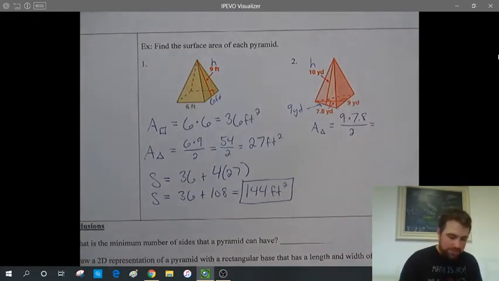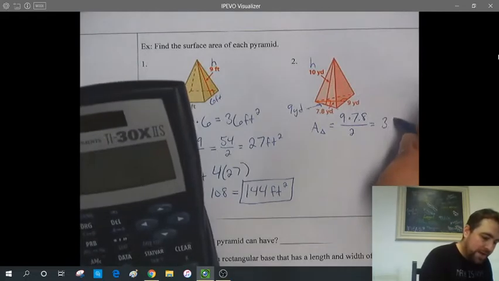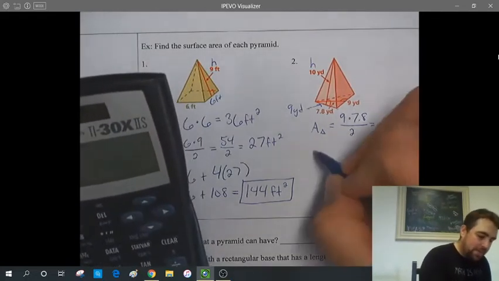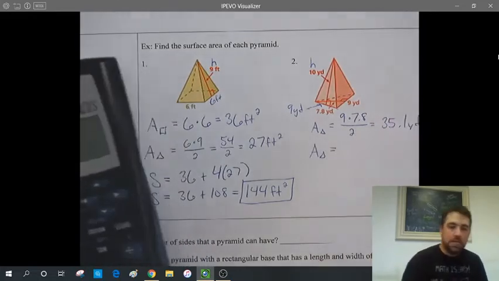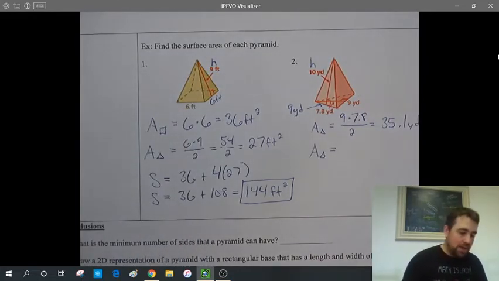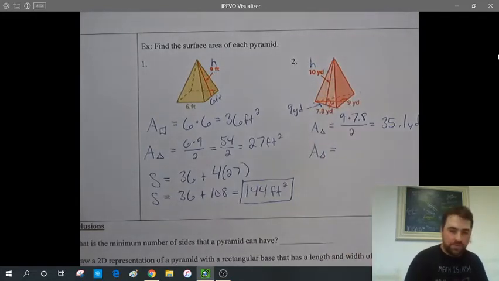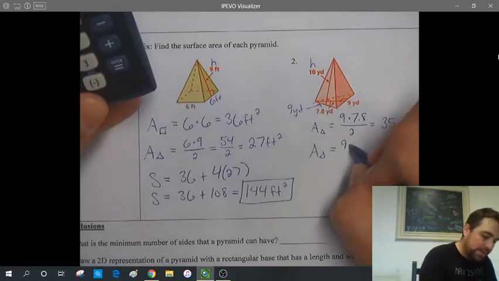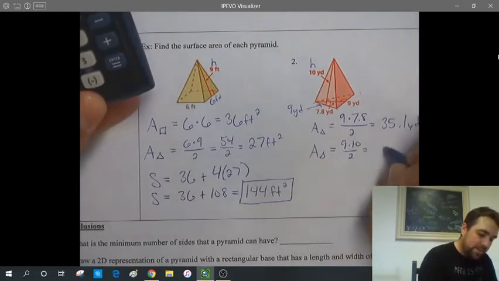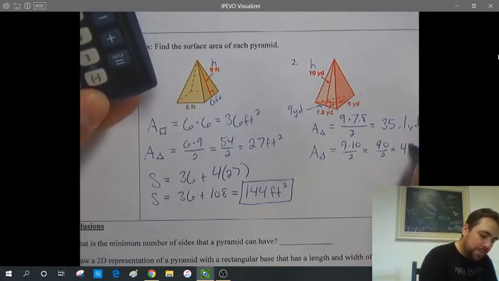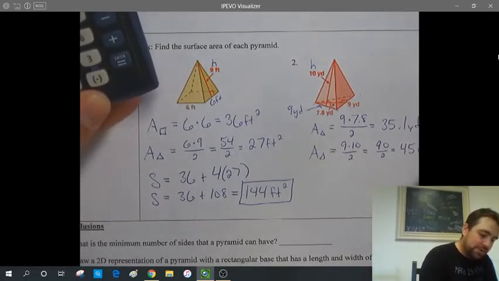Oh, no, excuse me. 9 times 7.8, and then divide that by 2, and we get 35.1 yards squared for that. And then we have triangular lateral faces again. Their bases are 9 yards with a height of 10 yards. So it'll be 9 times 10 divided by 2, 90 divided by 2, which is 45 yards squared.